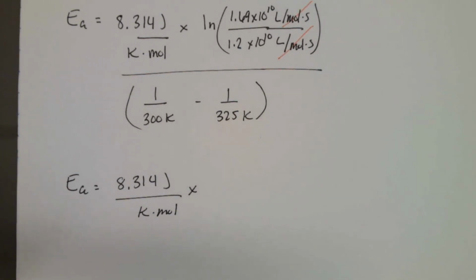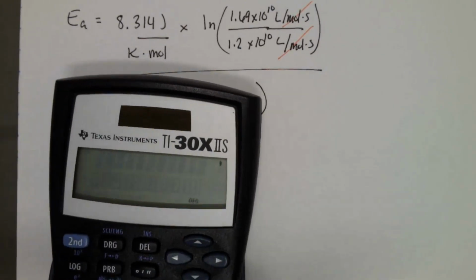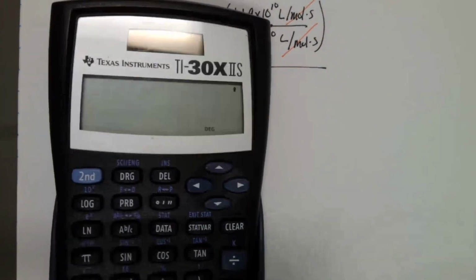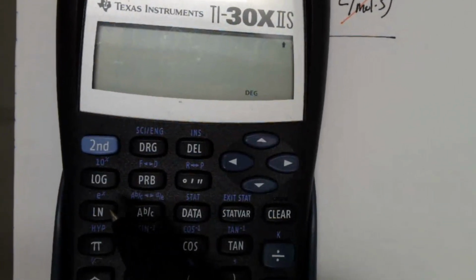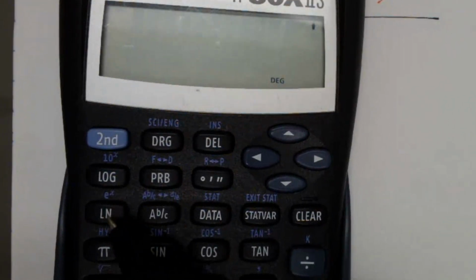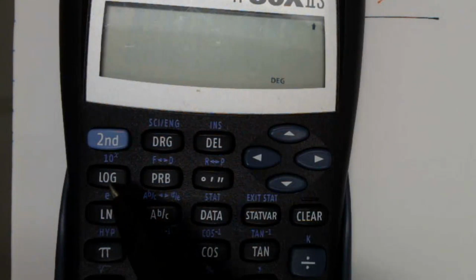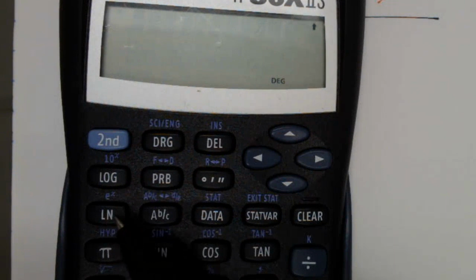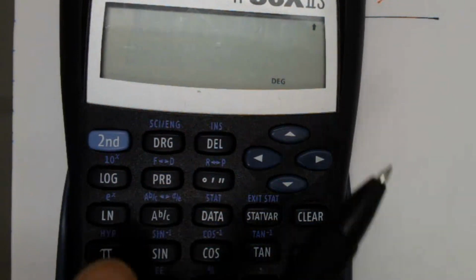So in the natural log right here, I'll show you my calculator. So the natural log function will be somewhere in here. This is where I have it here, the ln. Be careful not to use the log function. That's not what we're doing here. We're using the ln function.